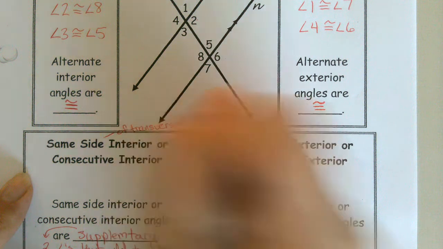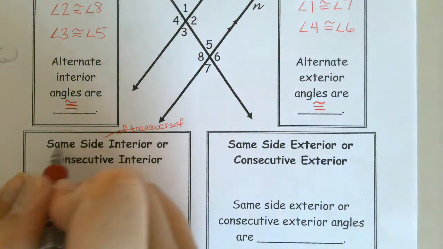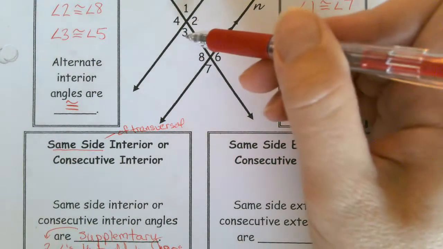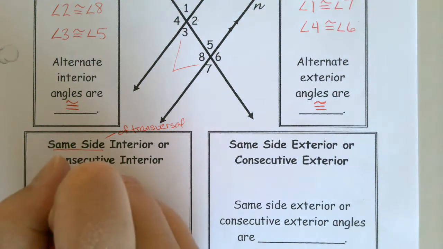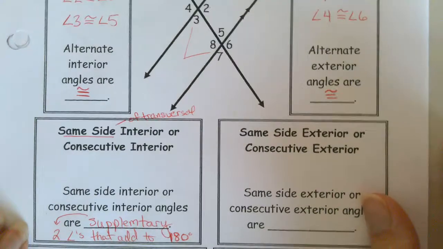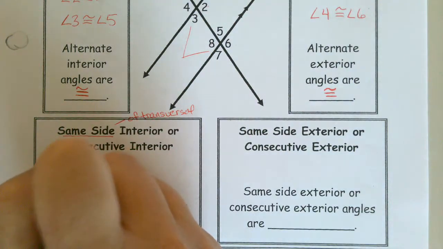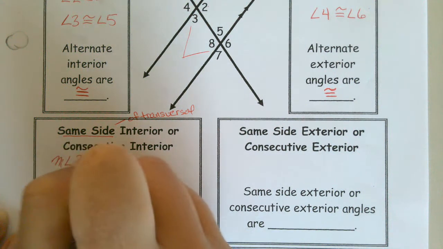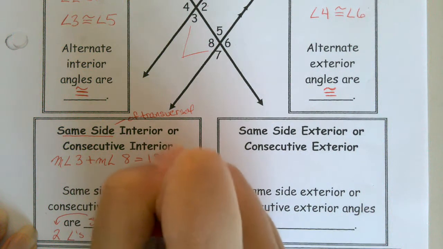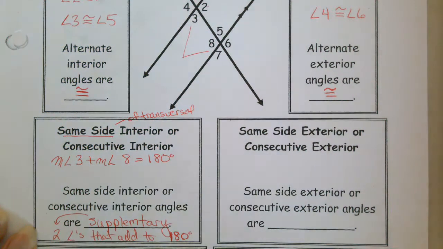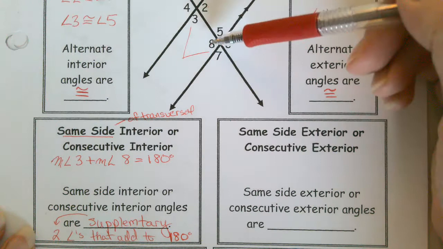So if you look for the same side interior, that'd be angles 3 and 8. Okay, so they're not congruent though. This was the one that's different. It's the measure of angle 3 plus the measure of angle 8 is 180 degrees. These two angles are going to add up to 180.